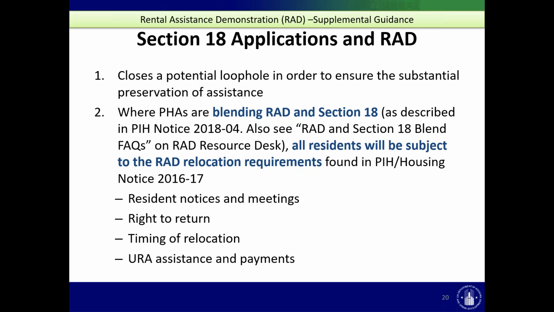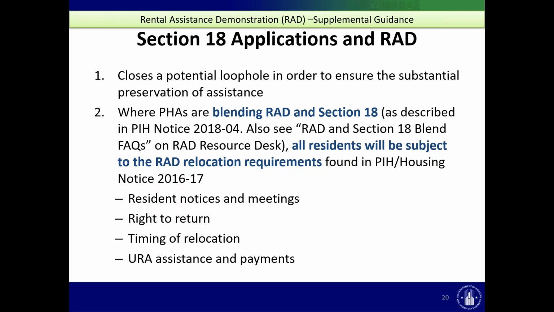The second thing it does, though, which is important, especially with the new RAD and Section 18 blend that was also rolled out in PIH Notice 2018-04, that we also have an FAQ on the resource desk, is it makes sure that in those blends of RAD and Section 18, all residents will be subject to the RAD relocation requirements found in PIH Housing Notice 2016-17.